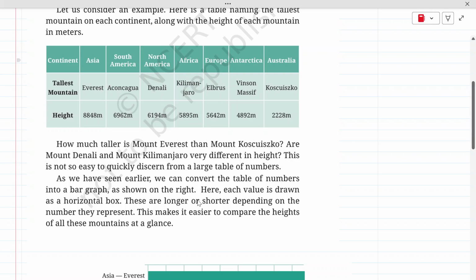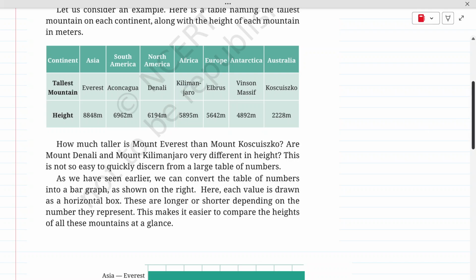So, as we have already seen, we can convert the table of numbers into a bar graph. What they are saying is that by looking at the graph visually, it is easy to tell which mountain in this particular scenario is greater.